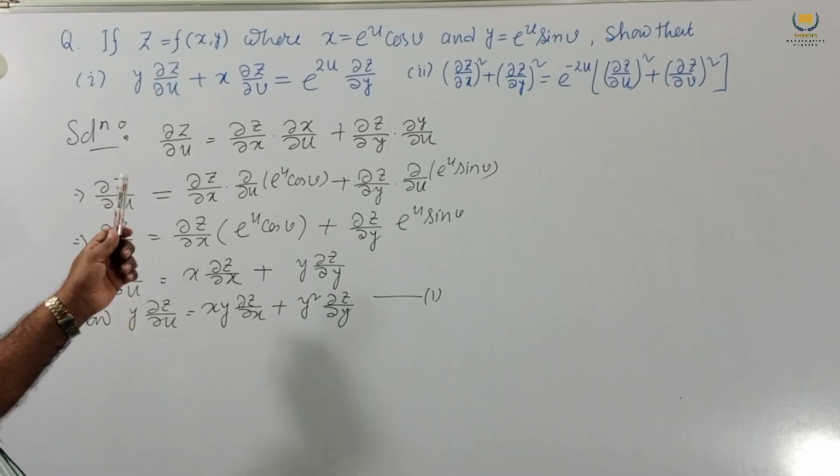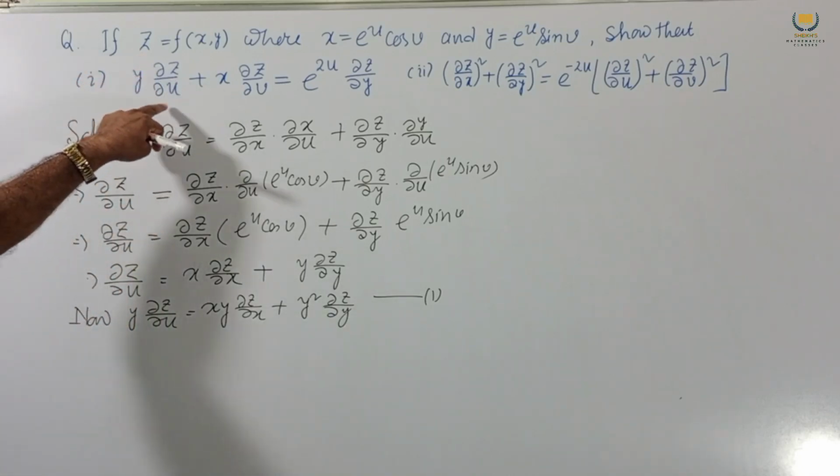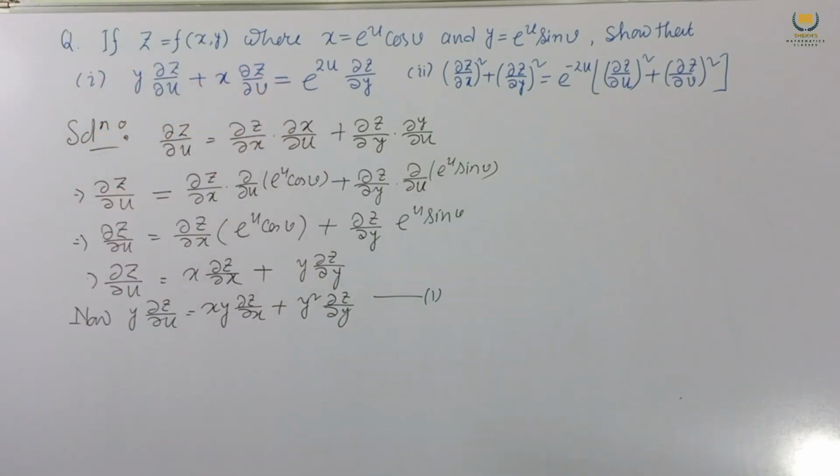Now, after del z del u, next we have to find del z del v.